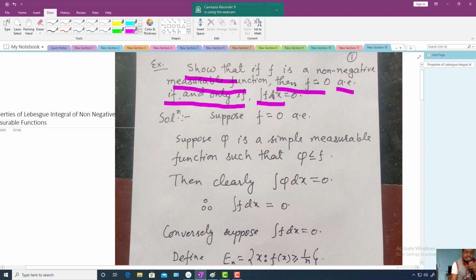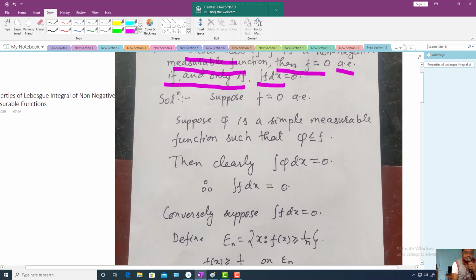So what does it say? It says that if the integral of a function is equal to 0, then the function is equal to 0 almost everywhere. Conversely, if the function is equal to 0 almost everywhere, then its Lebesgue integral is equal to 0. So this is the first example. Very important.